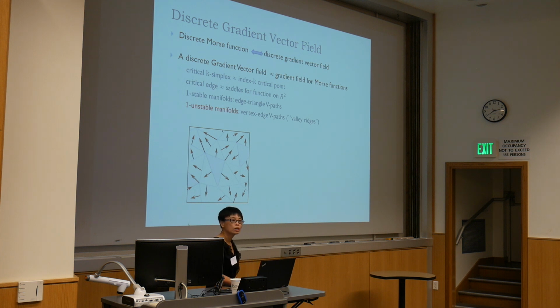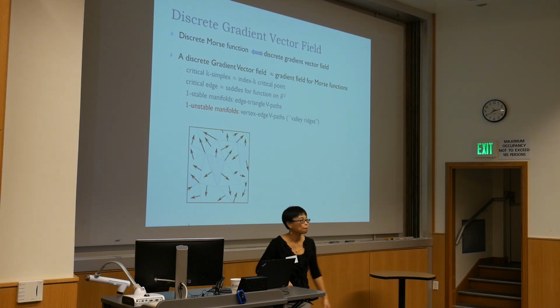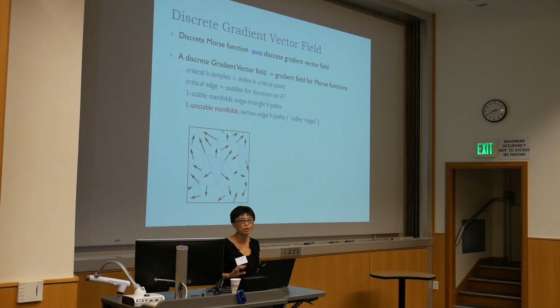For example, in the smooth case, if you have a so-called index k critical point, like a minimum is an index 0 critical point, then in the discrete case, you can roughly think that you are going to have a critical simplex of dimension k. This is a weak correspondence, only true in certain cases, but it helps you to think about this discrete, combinatorial setting.